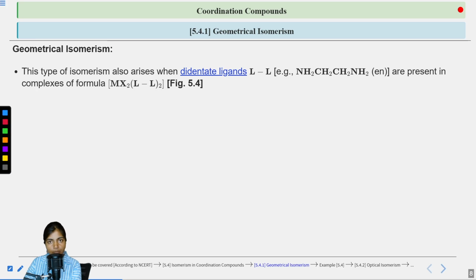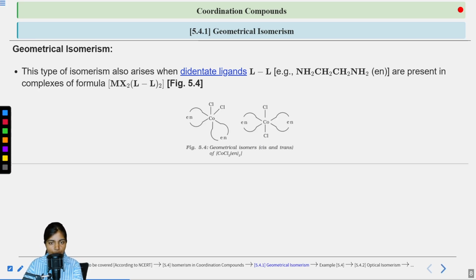If you have a complex of type MX2(LL)2 where LL is a didentate ligand, that means two donor atoms are present in the same ligand, for example en, that is ethylene diamine, NH2CH2CH2NH2, then this can also give rise to geometrical isomerism.